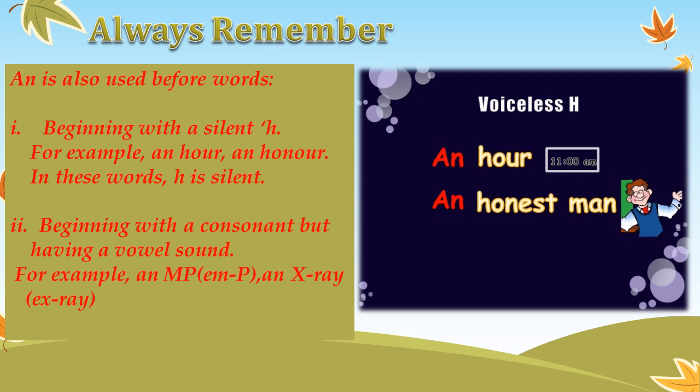Children, MP begins with consonant letter M, but the sound comes of vowel E. MP. So we use an here. And in the word X-ray, it begins with the consonant letter X, but the sound comes of EX, which begins with vowel. So we use an here.